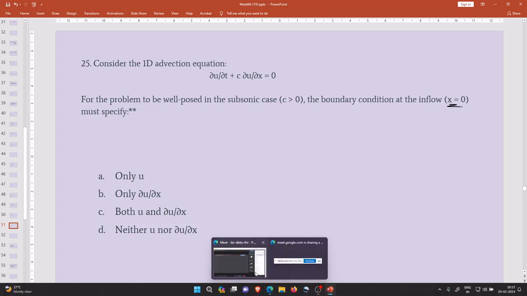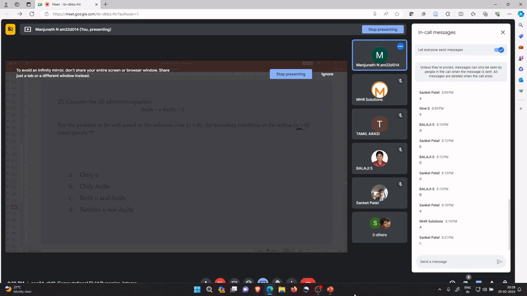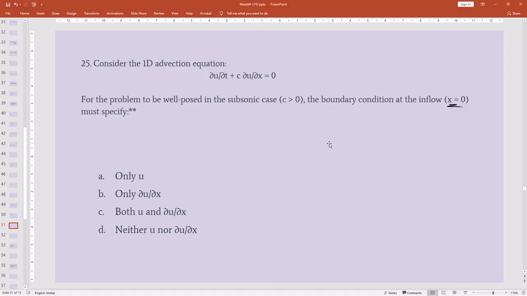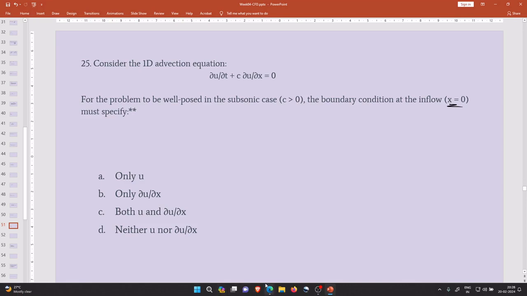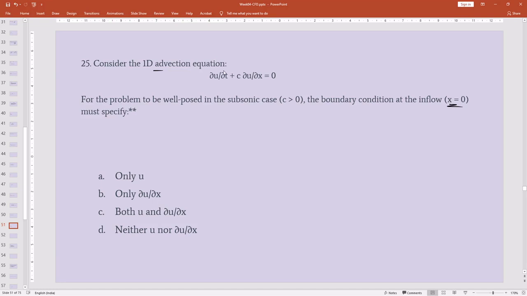You can inbox your answers. So, option A, you have answered option A. So, advection we know is bulk transport due to fluid motion.